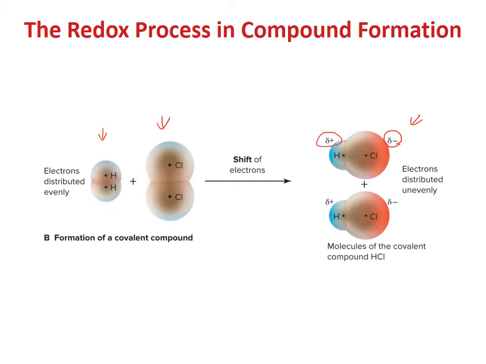So in this sense, chlorine gains more electron density from hydrogen, and therefore we can say chlorine is reduced. Gaining electrons, the reaction is a reduction reaction. Similarly, because the electron shifts to chlorine, hydrogen is oxidized.